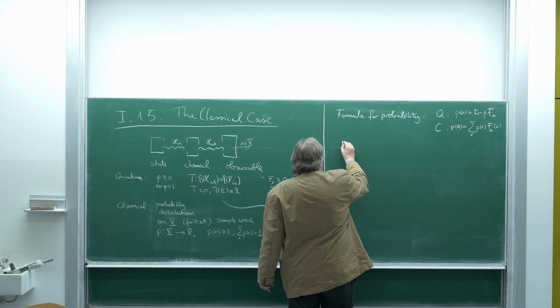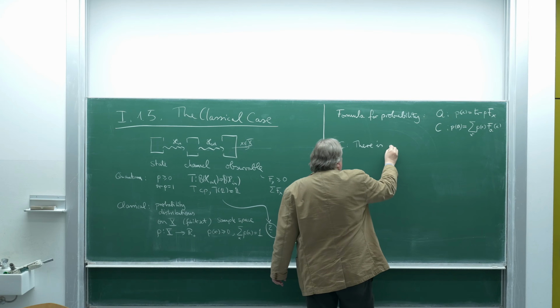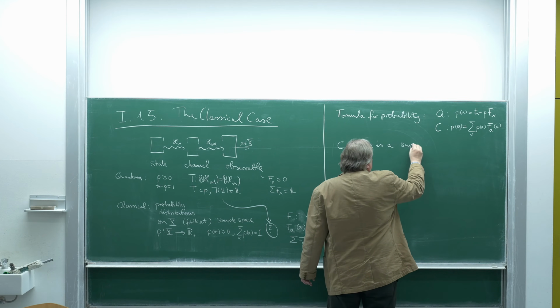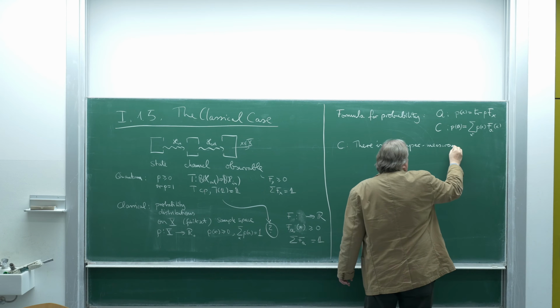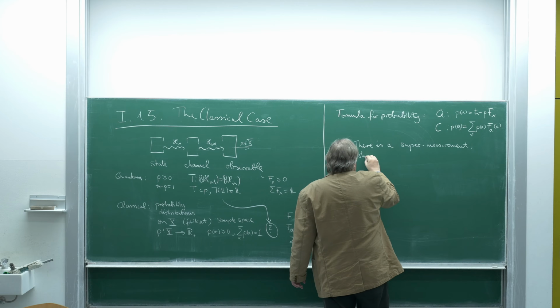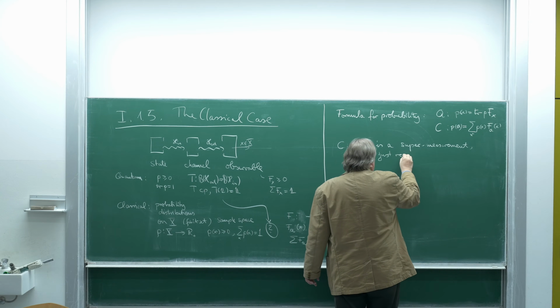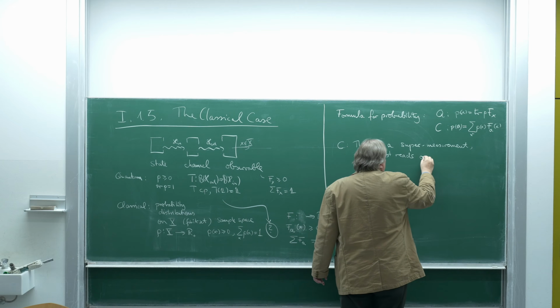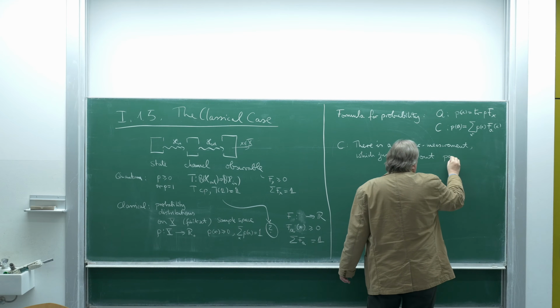In classical theory, there is a super measurement which just reads out a property combination x.